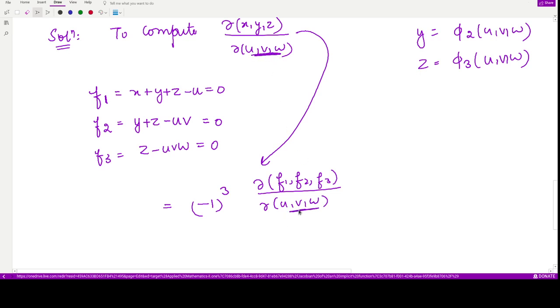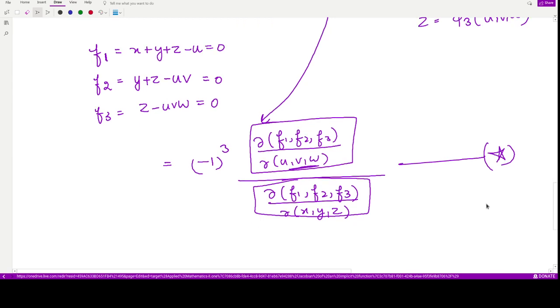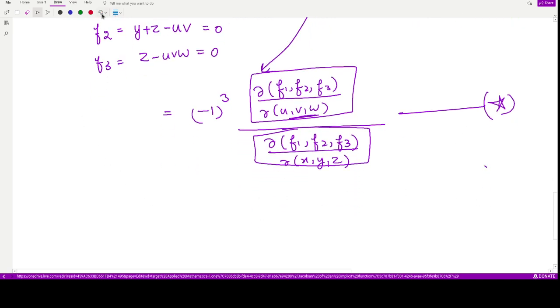So we'll write it in the numerator part, and we'll then take the Jacobian of f1, f2, f3 with respect to x, y, z. So that means we first have to compute this portion and then this portion, and then we'll substitute this in our equation number star. Okay, so let us do that.